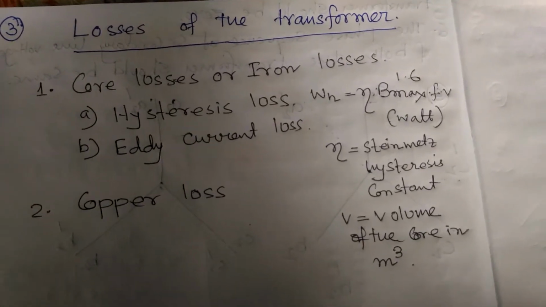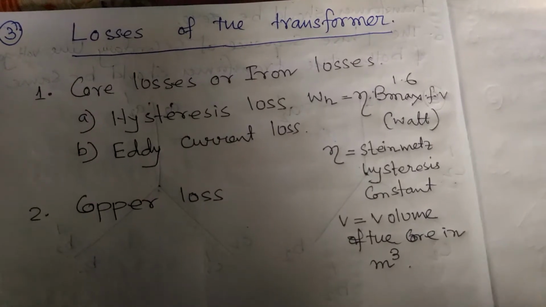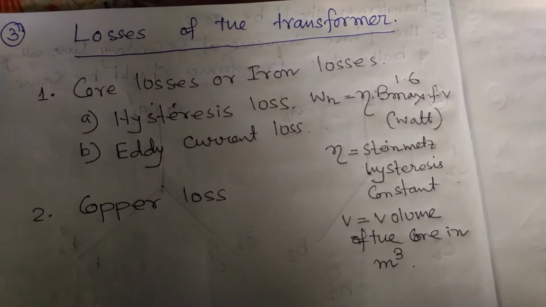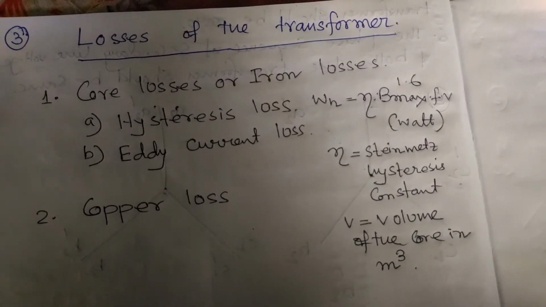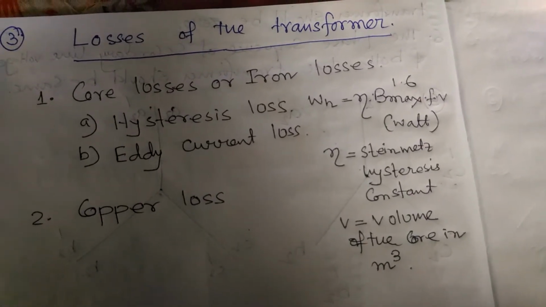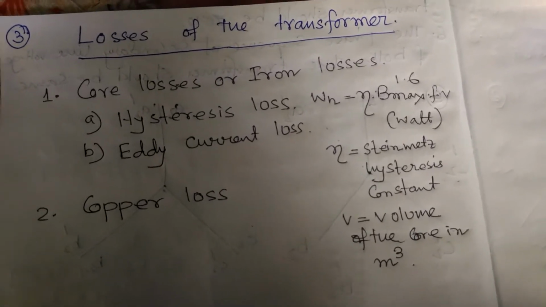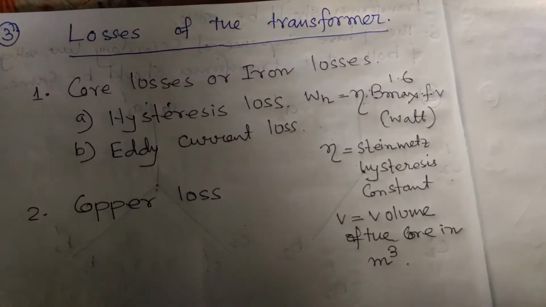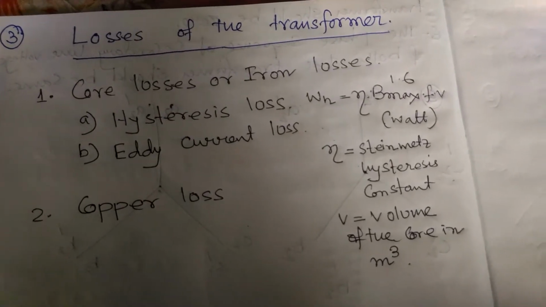Core loss or iron loss has two components related to it: eddy current loss and hysteresis loss. First, we discuss hysteresis loss. What is hysteresis loss? Hysteresis loss is due to reversal of magnetization in the transformer's core.